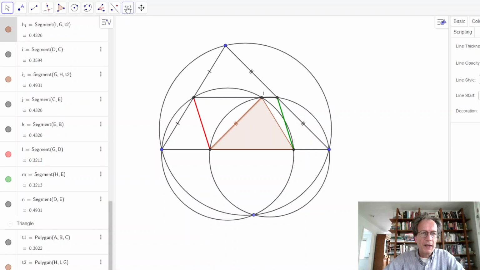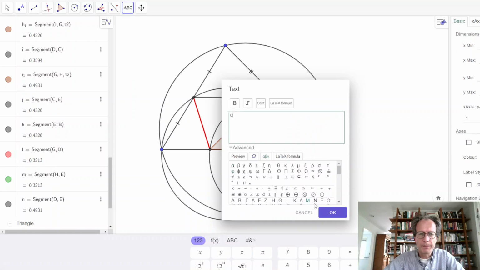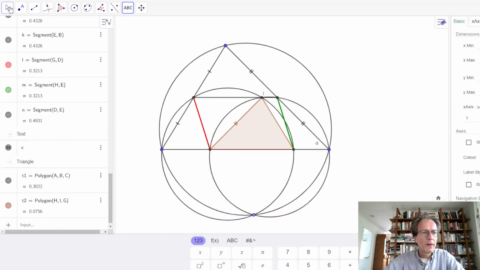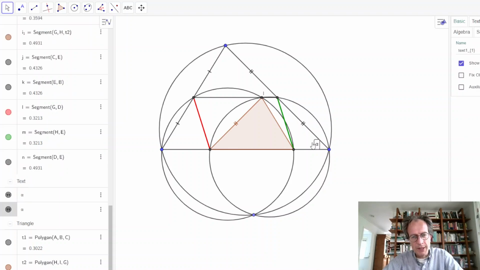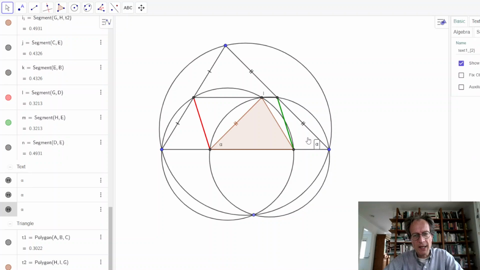But that implies that the angle over here, let's call it alpha, that angle is also over here. And for later use, using the parallel line, we know it's also over there. We remember these are parallel lines.